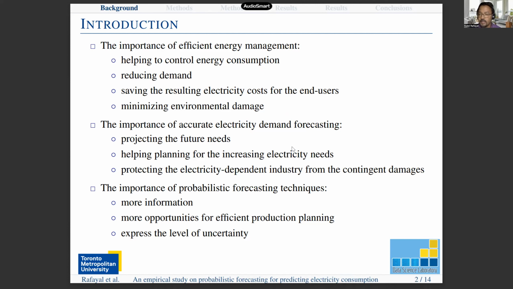For accurate electricity demand forecasting, previous studies mostly focused on deterministic models. However, probabilistic forecasting models are important for carrying more information and provide more opportunity for efficient production planning.